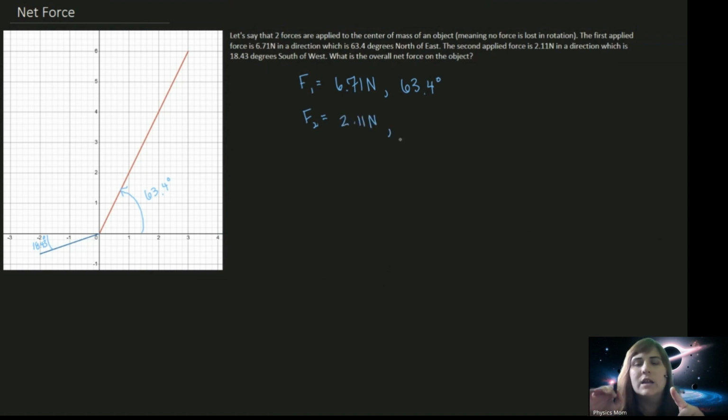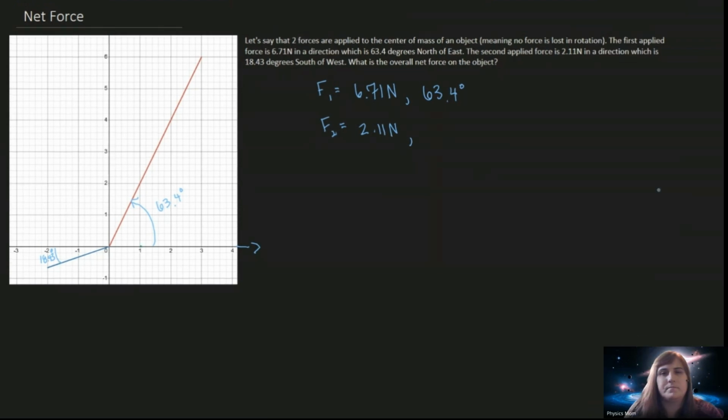We always set this up as if it's on a unit circle, so my starting position, or 0 degrees, is on the positive X axis. In terms of north, east, west, south, that'd be the east direction. So to read 18.43 degrees south of west, I need to add 180 degrees to it if I'm reading it in terms of full polar coordinates on a unit circle.